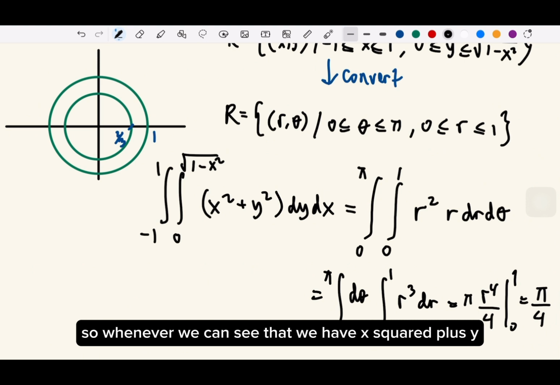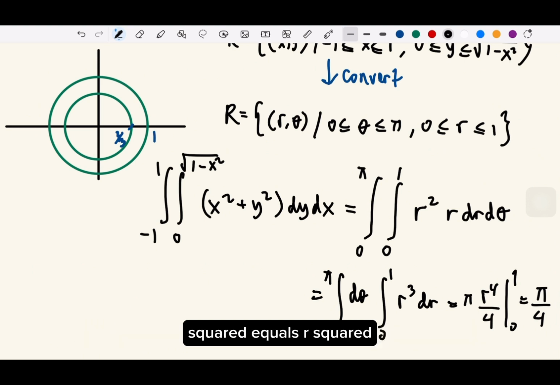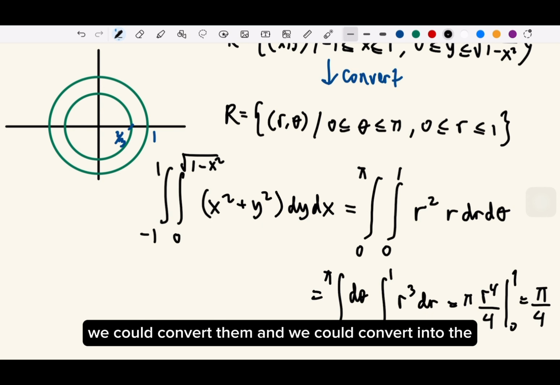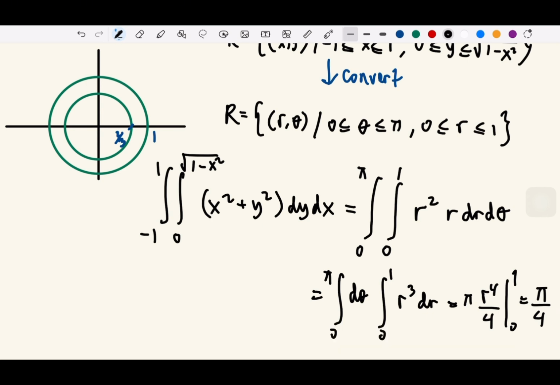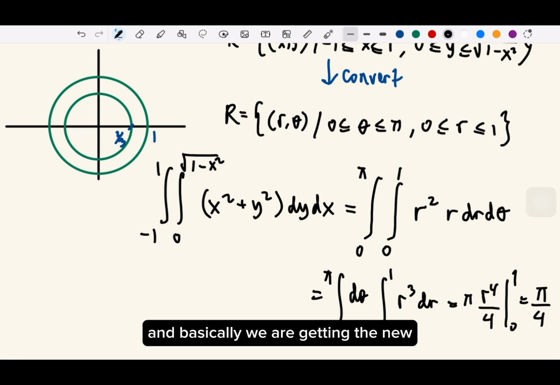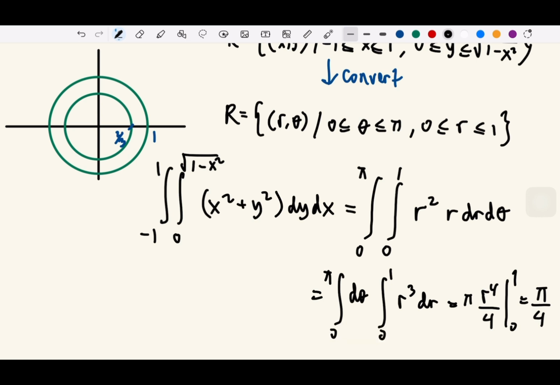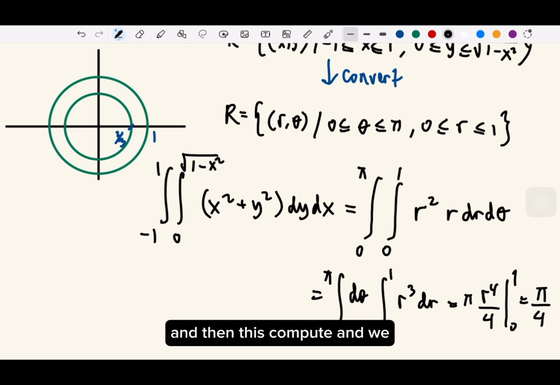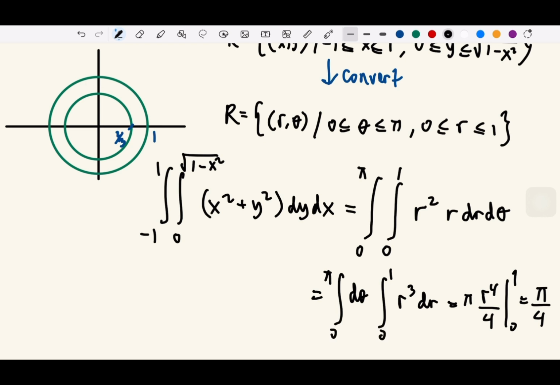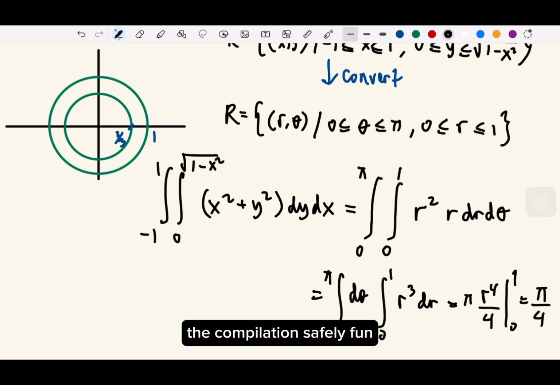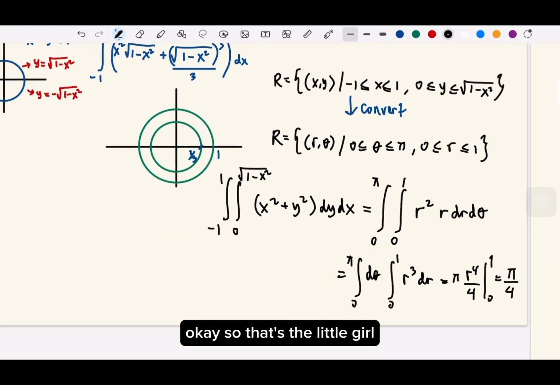So whenever we see that we have x squared plus y squared equals r squared, and we see some of that in the equation, then we could convert them into the polar equation. And basically we are getting the new endpoints in terms of r and theta. And then just compute, and sometimes it really makes the calculation simpler. Okay. So that's double integral.